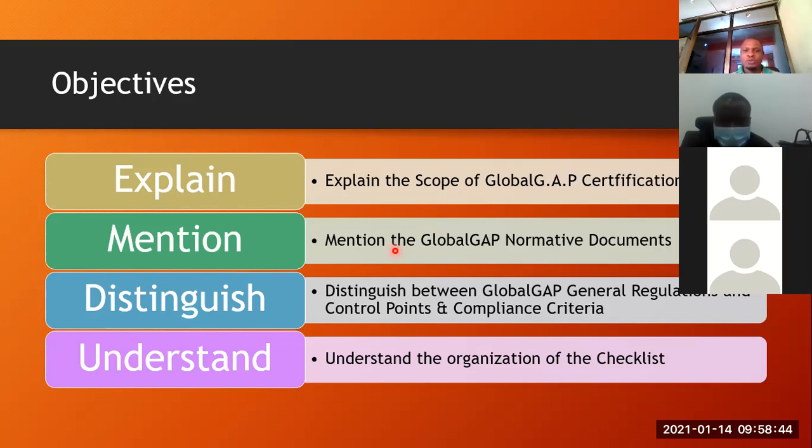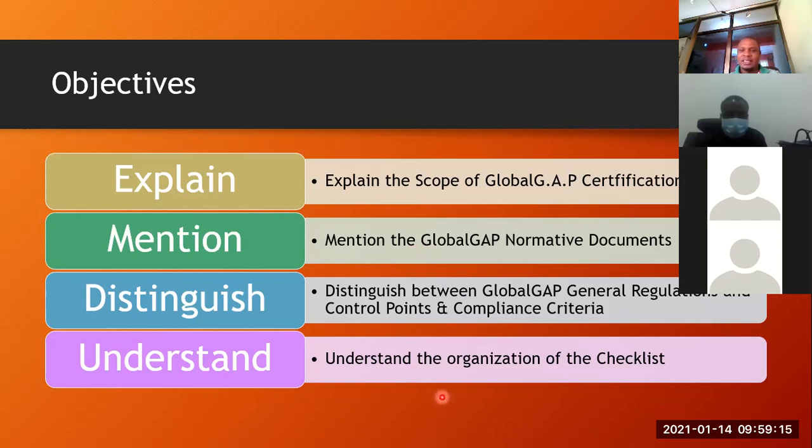You should be able also to distinguish between GlobalGAP general regulations and GlobalGAP control points and compliance criteria. So when they say GlobalGAP regulation, you should be able to tell that it is different from the control point, or not necessarily different, but you can state some characteristics of the general regulations and some characteristics of the control points and compliance criteria.